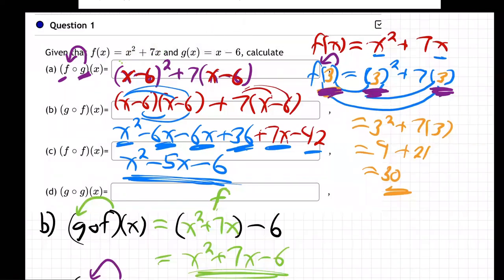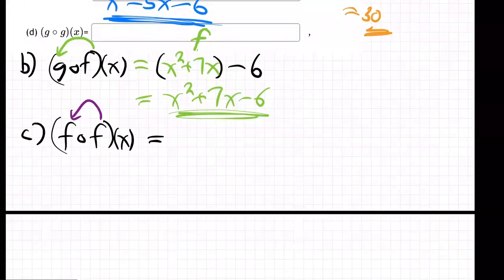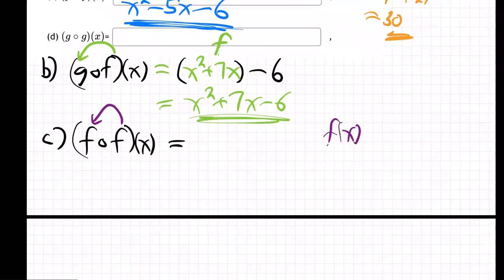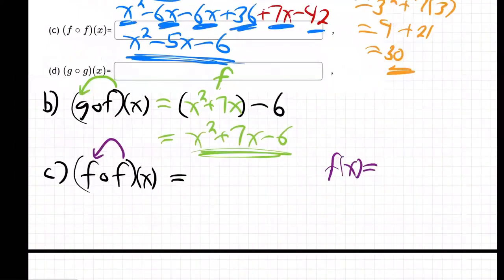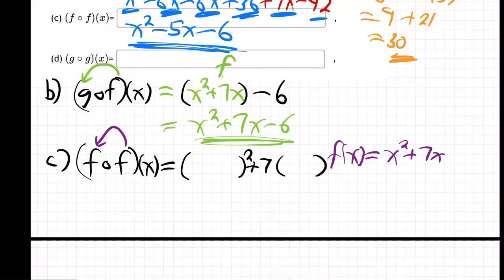This is all a little weird, but that's especially a little weird. Plug f into itself. So what is f? Let's be clear on what function f is. Over here on the side, the function f of x is x squared plus 7x. So when they ask me to do f of f, I'm going to do something squared plus 7 times something.